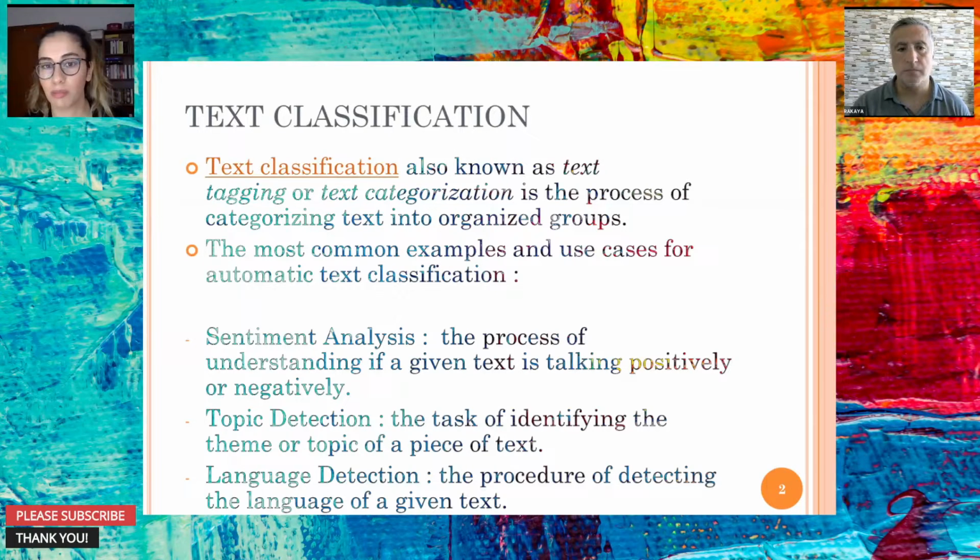You can see many examples of this, most of them with the IMDb movie data set. Topic detection, which is our subject also, is the task of identifying the theme, topic, or category of a piece of text. And language detection is the procedure of detecting the language of the given text.